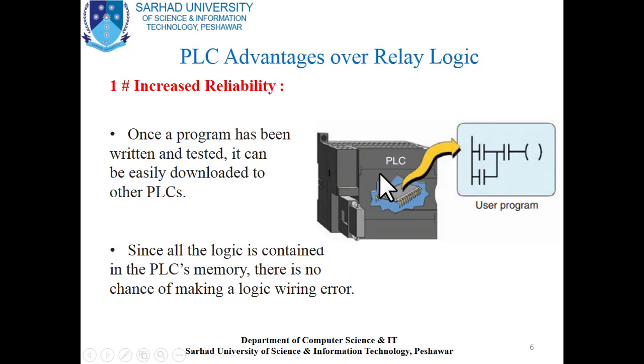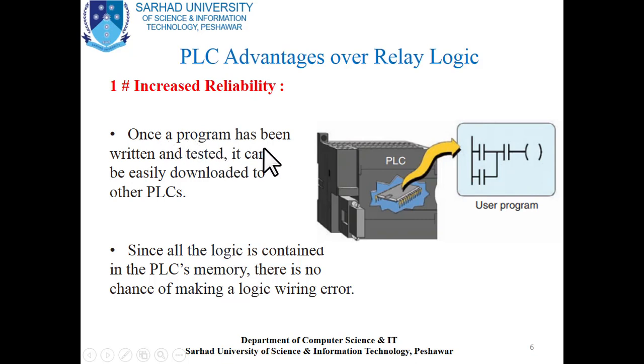The first is the power supply, the second is the input, the third is the output, and the fourth is the CPU, the central processing unit. We studied in the earlier lecture that the CPU also contains a memory section. Here you can see the memory in which we can save the program or data given from a computer or laptop. So we can increase reliability by using a PLC.